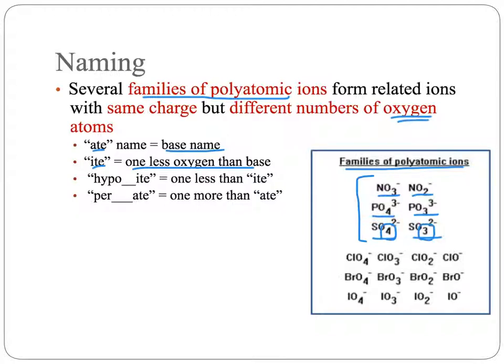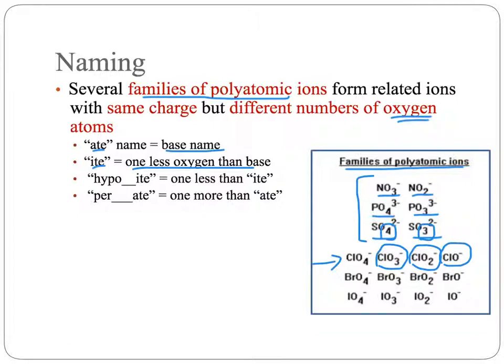If there are more than 2 ion possibilities with these particular families, then we go on to the hypo or the per. We'll start here with chlorine. So we've got chlorate here, ClO3 with a 1 negative charge, chlorite with 2 oxygen and still a 1 negative charge, and then hypochlorite, smaller even than chlorite.